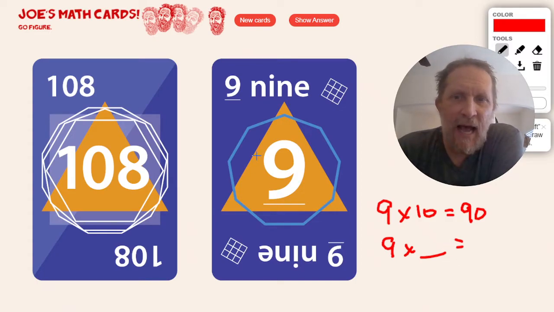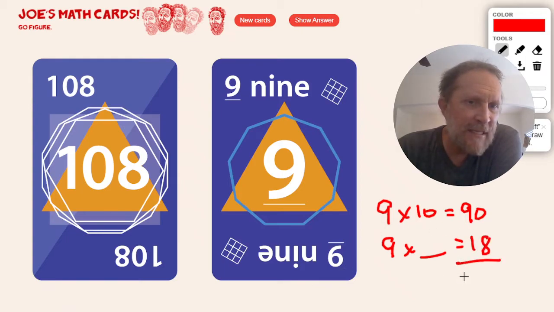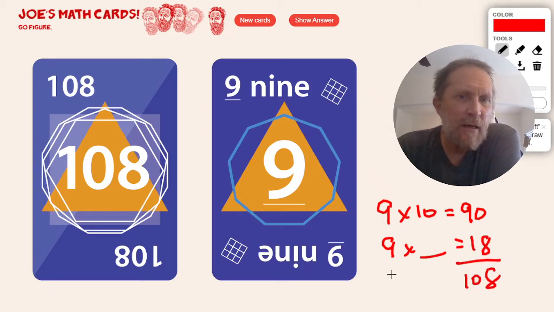I need, how much more is 108 than 90? Well, it's 18 more, right? Because that's what equals 108. So when I've got a bigger number like this, I just think, well, I know that 108 is more than 10 nines because I know right away that 10 nines is 90.